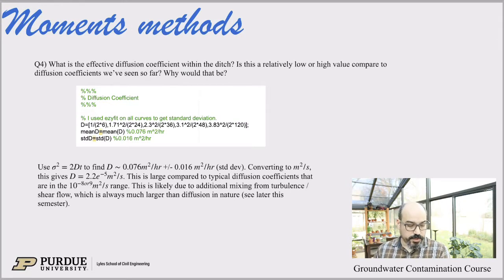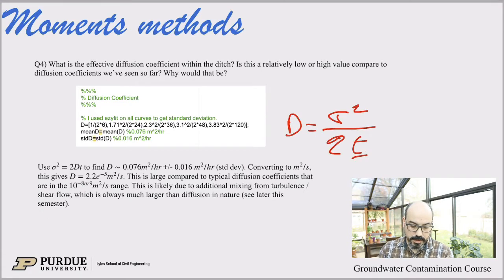The diffusion coefficient, again, D equals sigma squared over 2t. This is in MATLAB. The dispersion is given by sigma, the standard deviation.